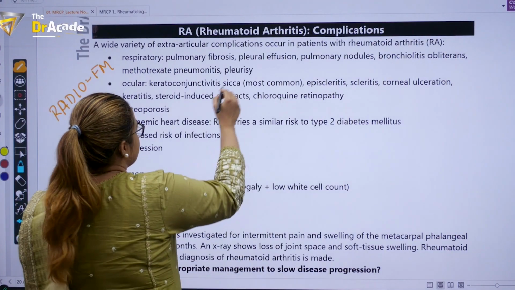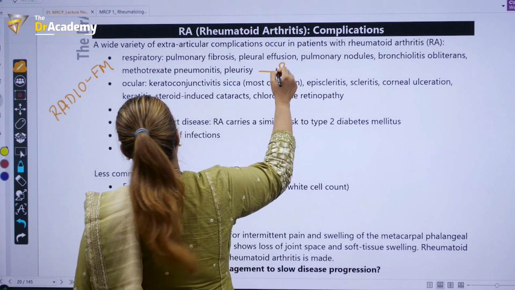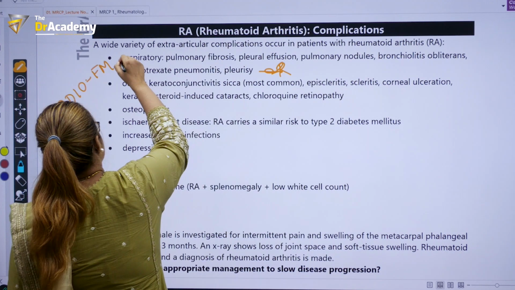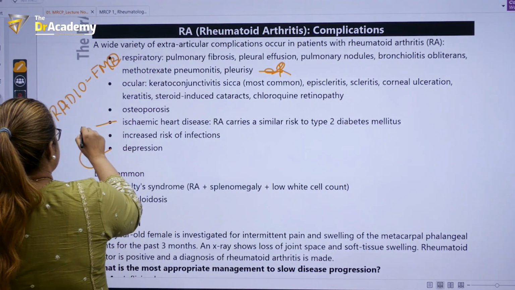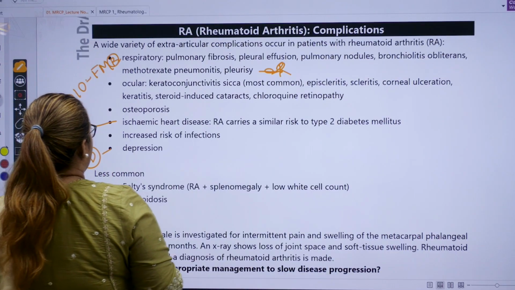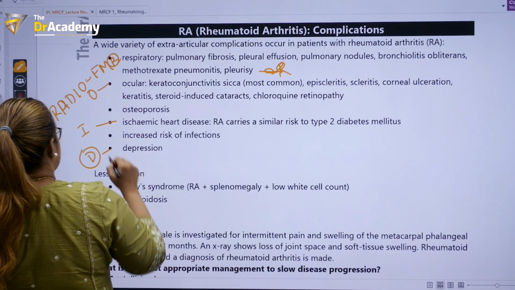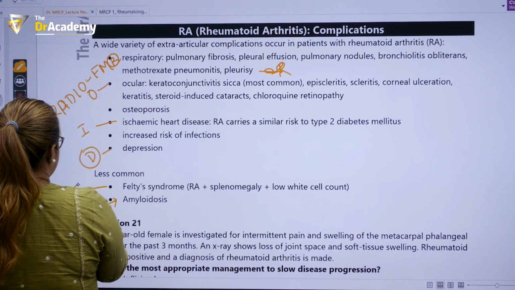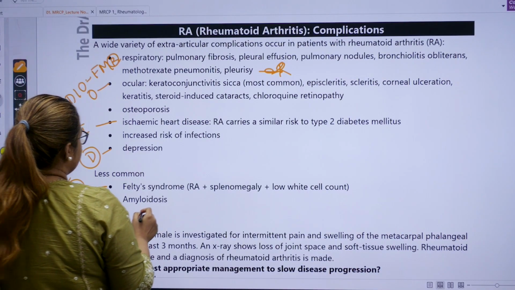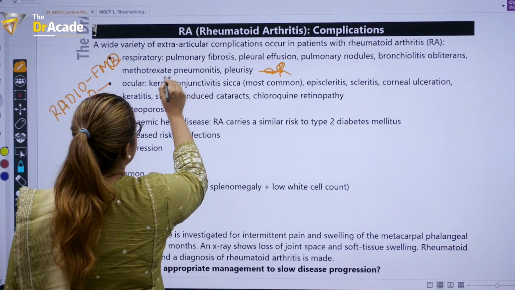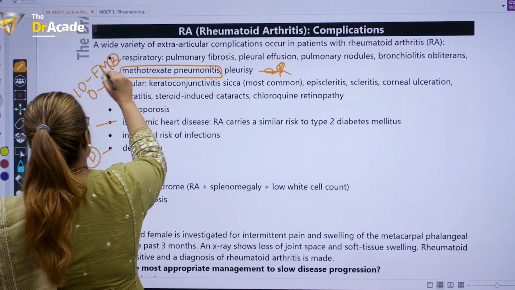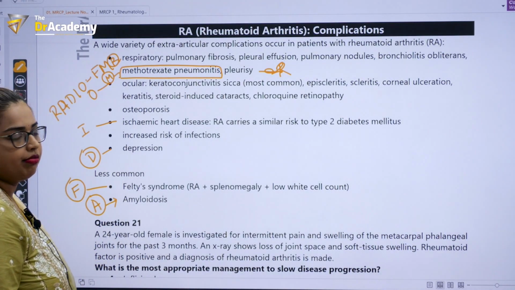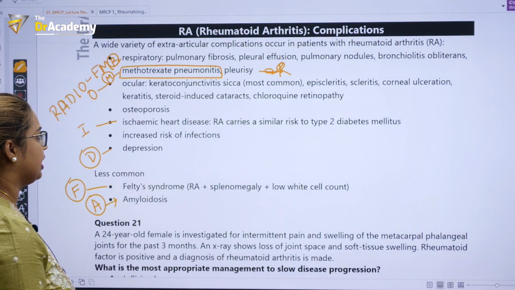So R for respiratory, okay, R for respiratory, and I for ischemic heart disease, and O for ocular, and F for Felty syndrome, and M, just add the pneumonitis, methotrexate pneumonitis, just add the M. Okay, so this is RIO FM. This is the mnemonic for the rheumatoid arthritis complications.